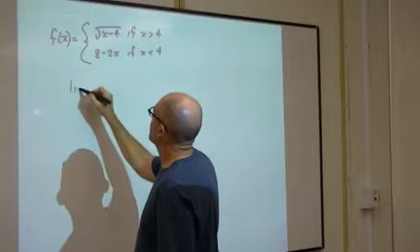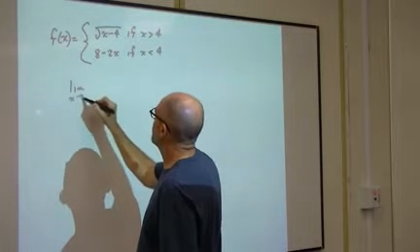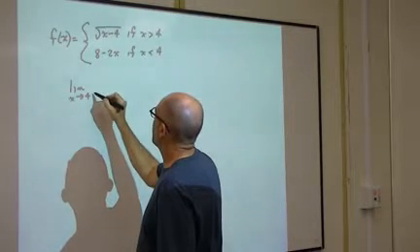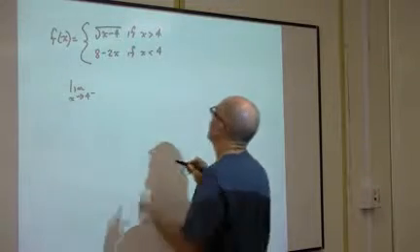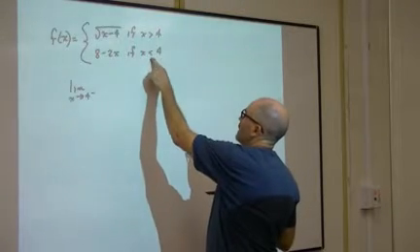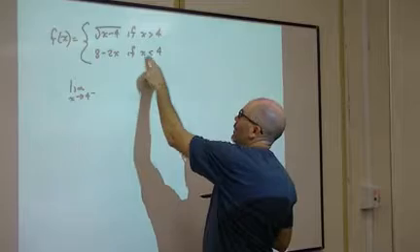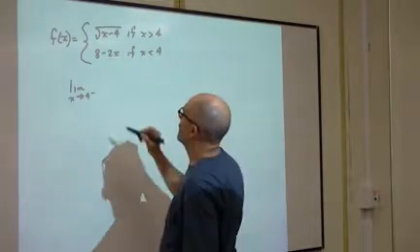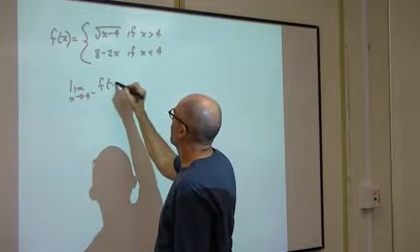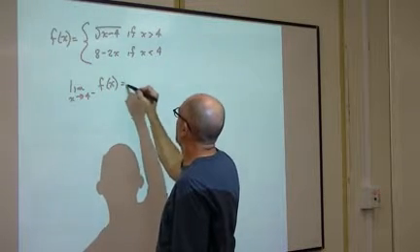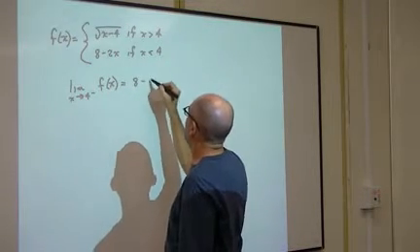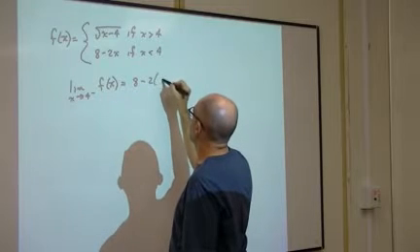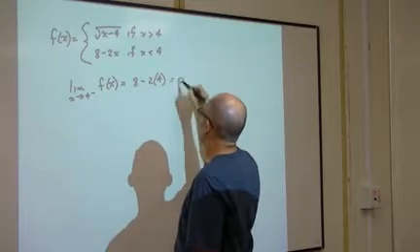Now the limit as x approaches 4 from the left, that's this part where x is less than 4. I plug in 4 here and I get 8 minus 2 times 4, which equals 0.